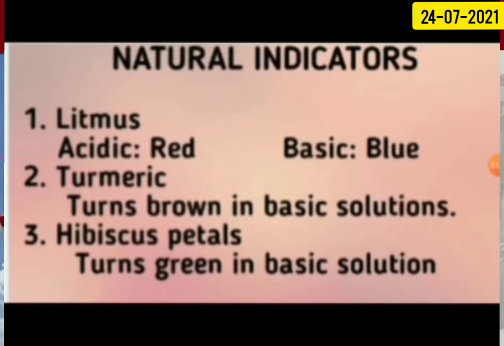Then we can use hibiscus petals as an indicator. In a basic solution, its color changes to green. When the color changes to green, we can be sure that the solution is basic.